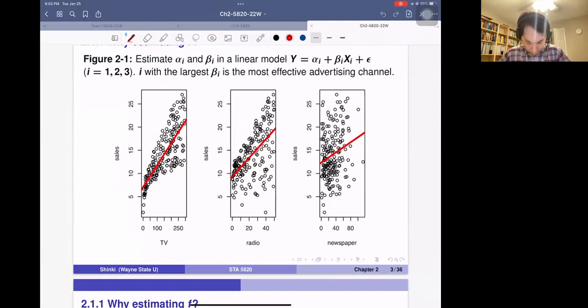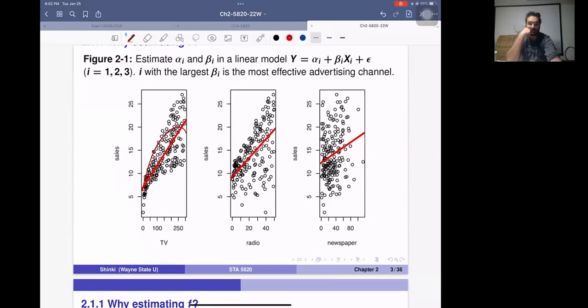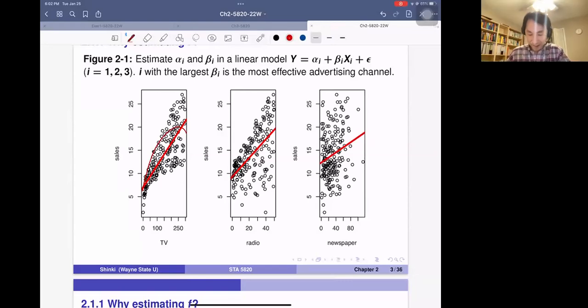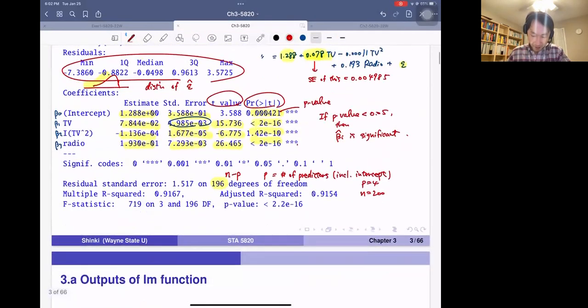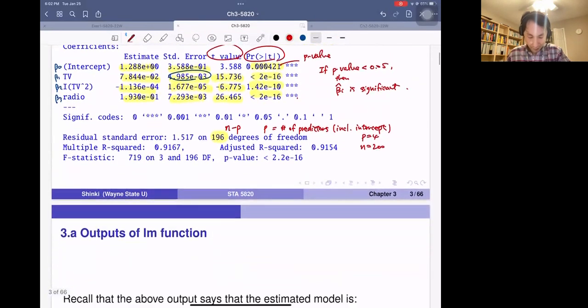So the true trend line should look like this. The second degree polynomial fits the data better. That is what the result shows. From this graph it's not really clear, but that's what we get from this regression result.